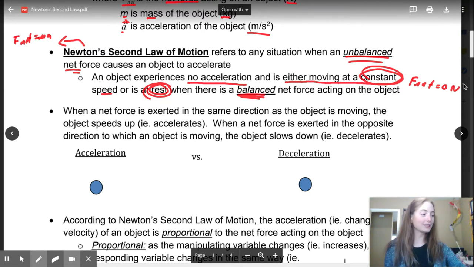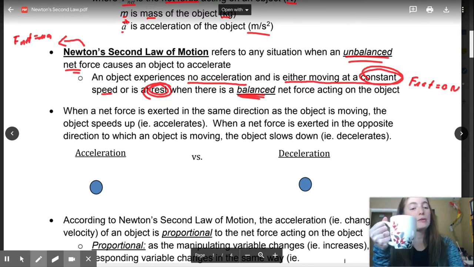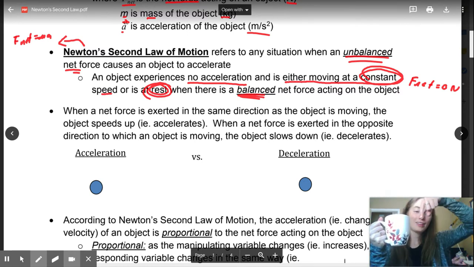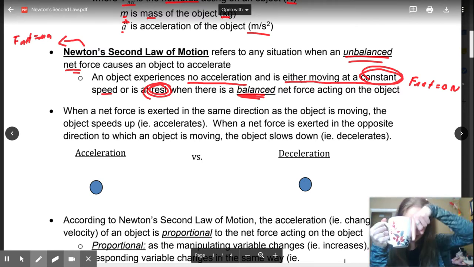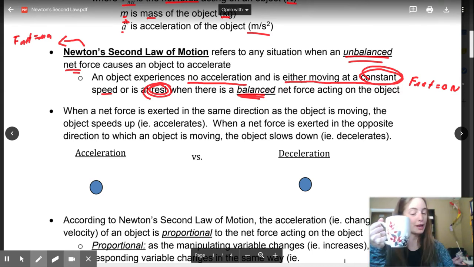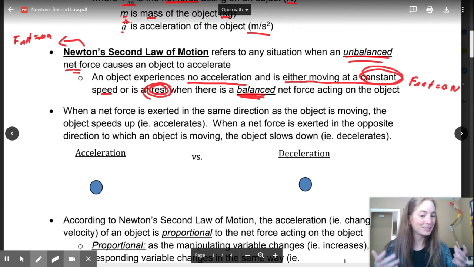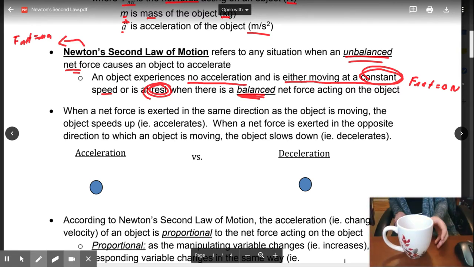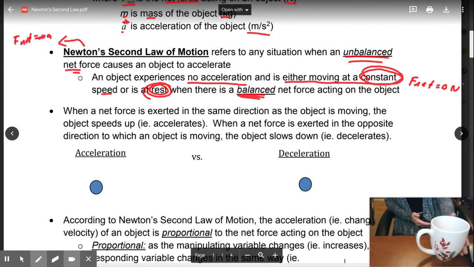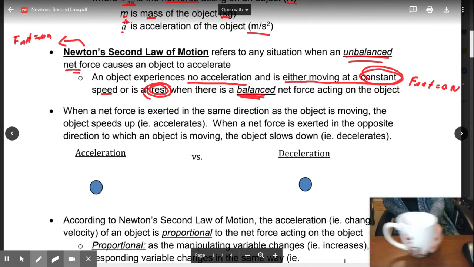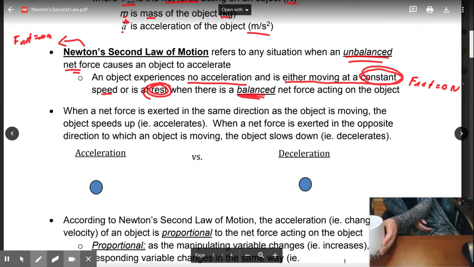Remember the mug example? Now, while I'm holding this mug, there are balanced forces. The force of gravity is going this way. I am applying a force that's going this way. So therefore, the mug is stationary. That is an example of balanced forces. So let's look at the mug again. Right now, if I'm applying a net force, the mug will start slow and then speed up as it moves.